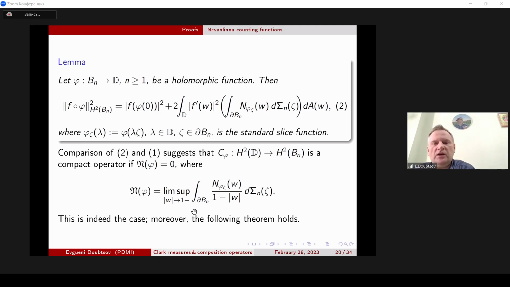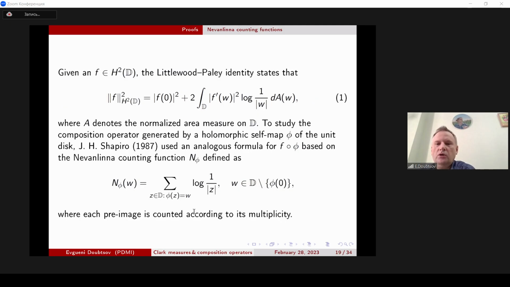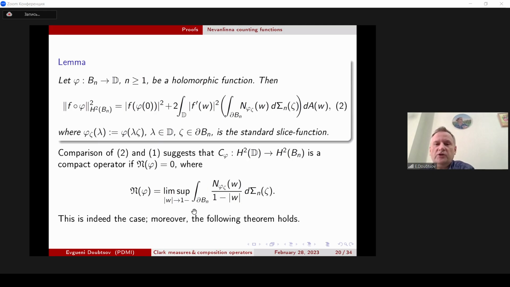So just as in the case of Formula 1, the Littlewood-Paley identity, we now replace f by f composed with phi, and everything is the same except that it was just log 1 over modulus of w. Now it's reasonable to expect that we have to replace it by the Nevanlinna counting function.